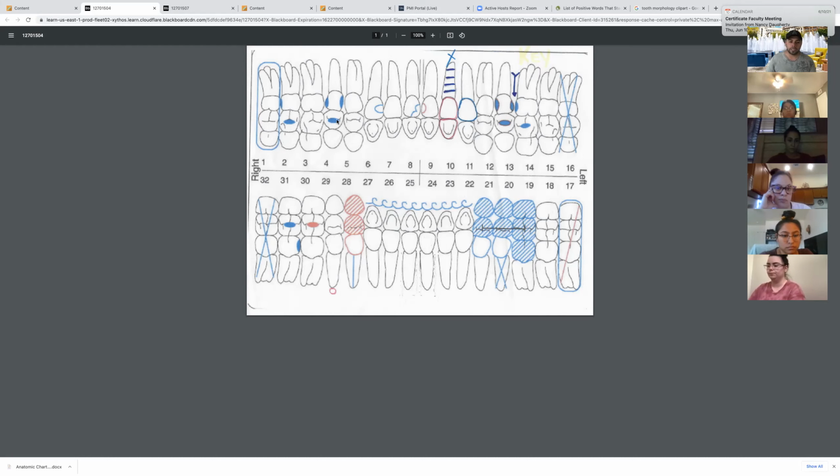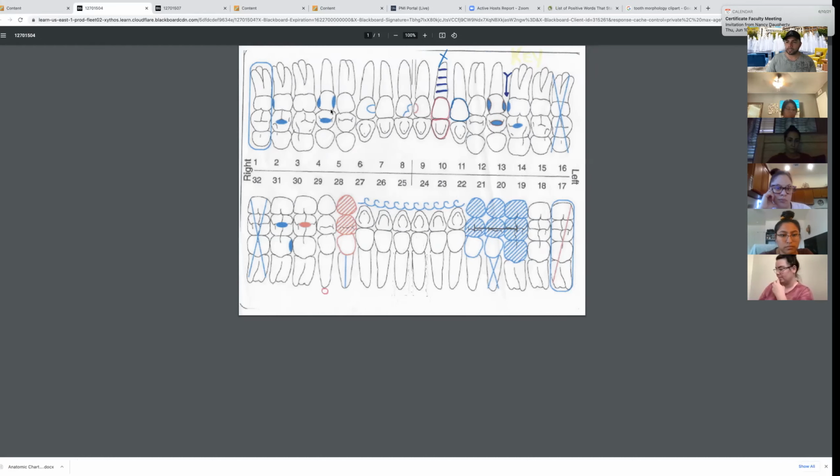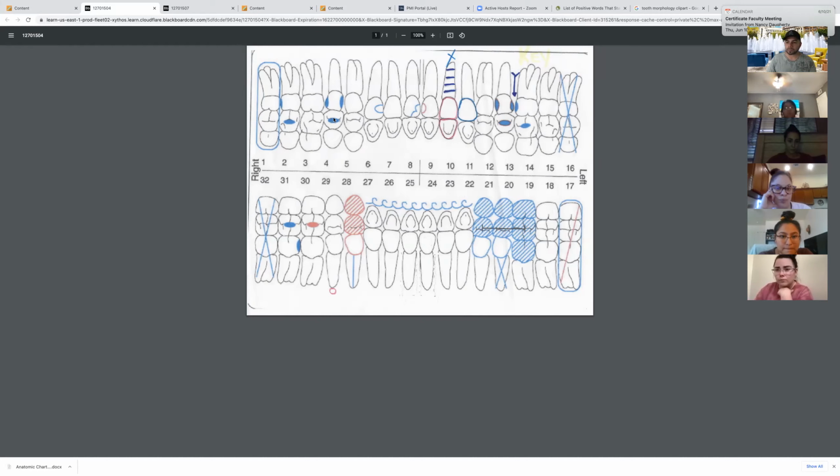Okay, here we see, who can guess what this is? Is that mesial or is that occlusal? Mesial-occlusal distal? Very good. So a mesial occlusal distal, and the way Marquita was able to differentiate that is, yes, we do see an occlusal portion here, but we also see the mesial section that has a filling, and also the distal portion that has a filling.